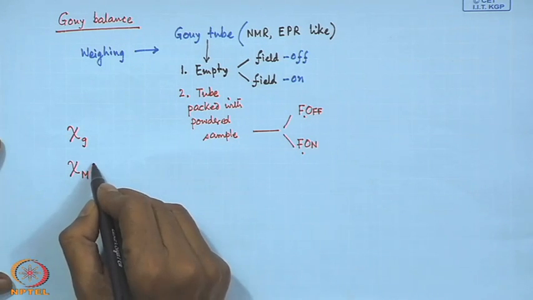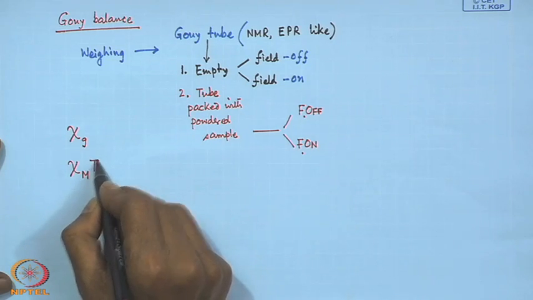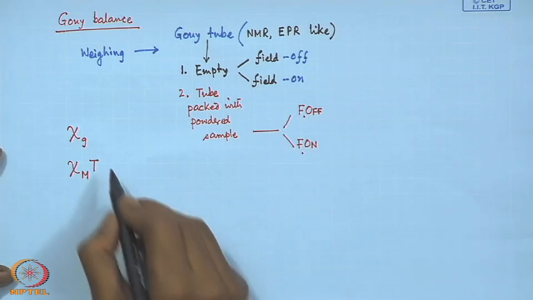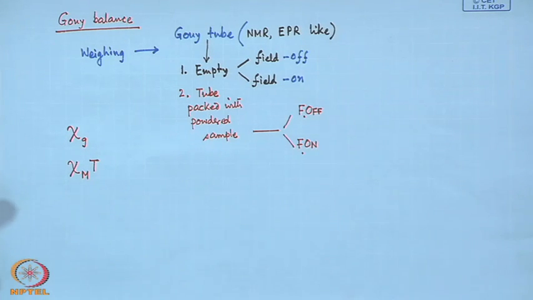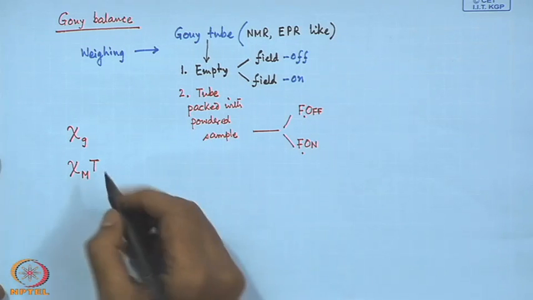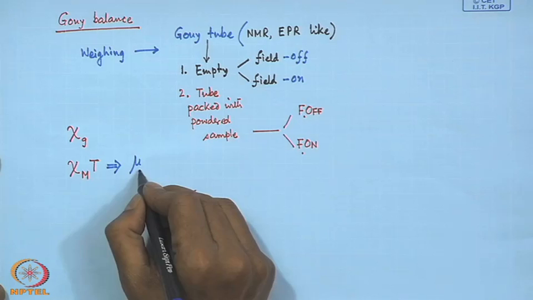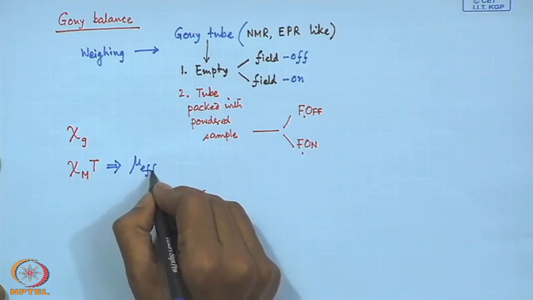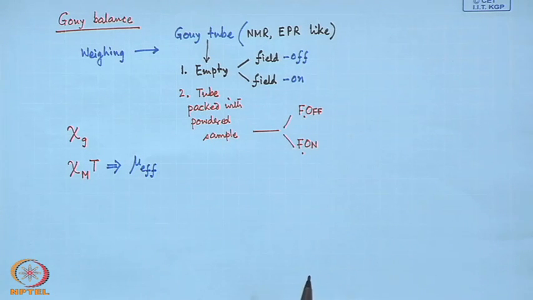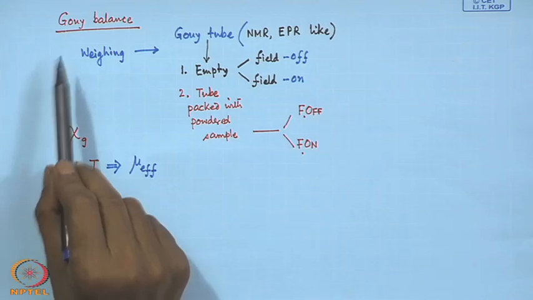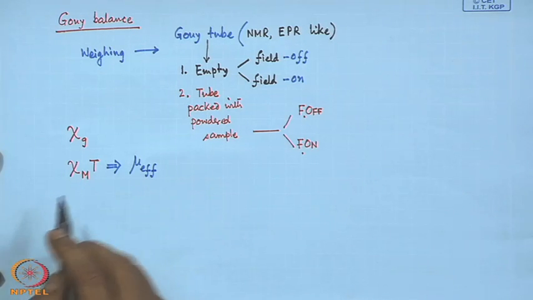When we multiply it with the temperature of the measurement, this product, that means chi-mT, can be used for the calculation of the corresponding magnetic moment. So, the effective magnetic moment can be determined. One such technique is the Gouy balance technique.